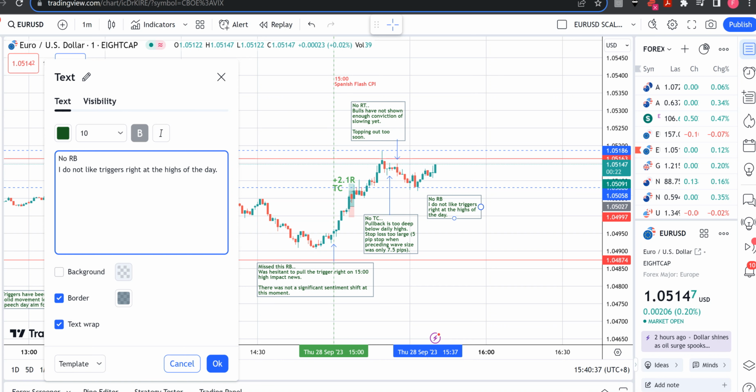It could work, but ultimately, the profit target is just at highs.